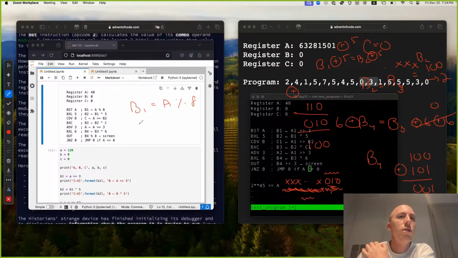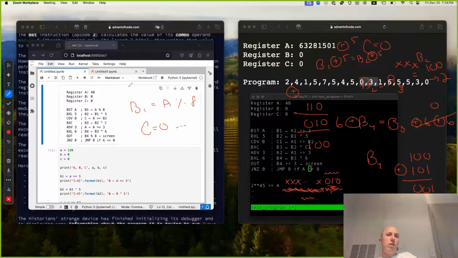So if C is equal to 0, are we just good? Do we have to mess with C at all? A shifted by B2. Maybe we do, because A does need to be this really big number that holds information about all the numbers we need to print out.